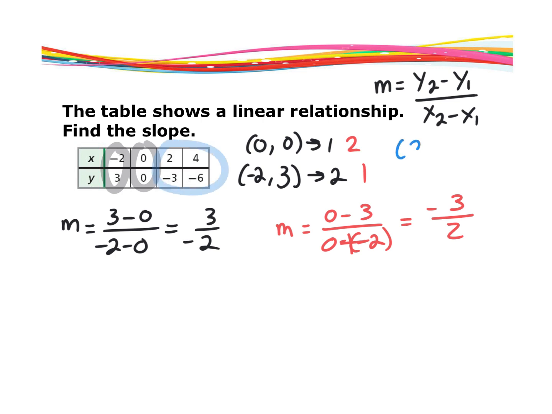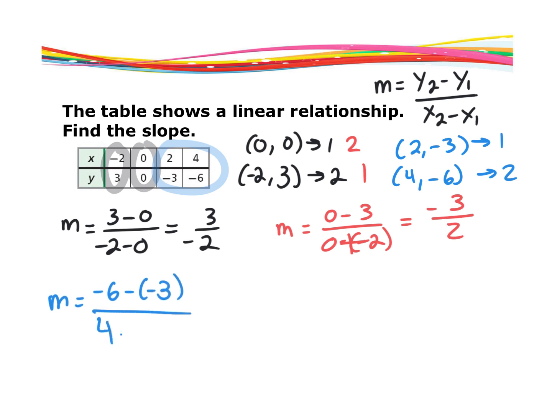I'm going to write them down, 2, negative 3 and 4, negative 6. Let's say this is my 2's and this is my 1's. It would be negative 6 minus negative 3 over 4 minus 2. This is going to become a positive. So negative 6 plus 3 is negative 3. And then 4 minus 2 is 2.